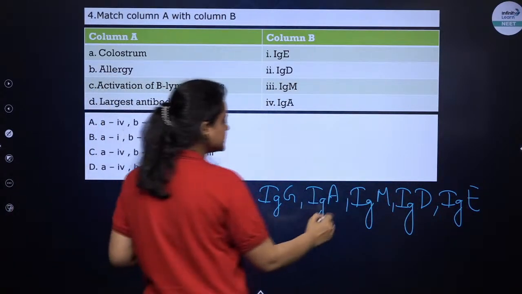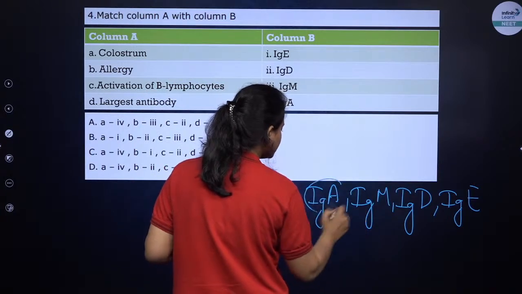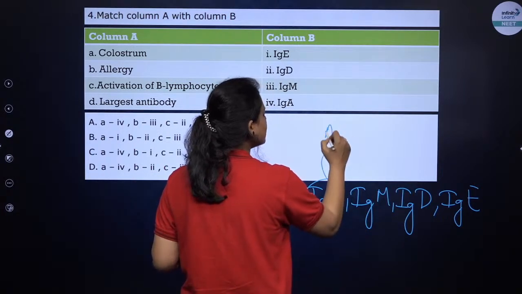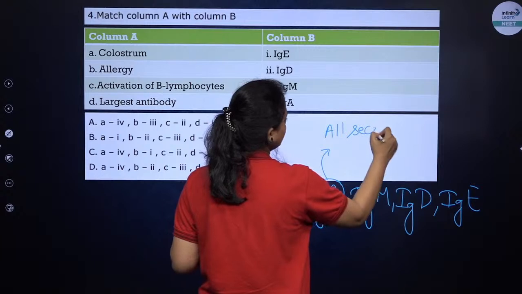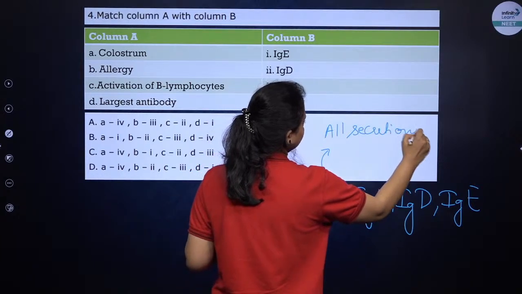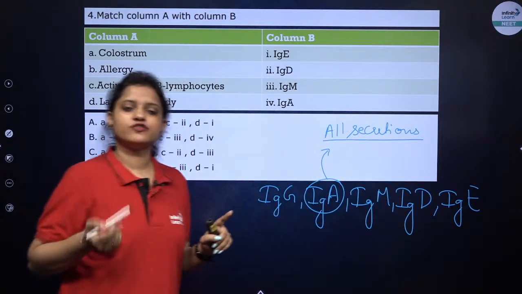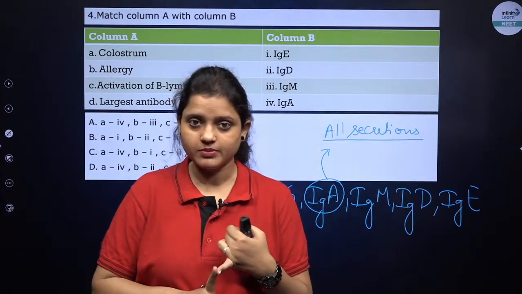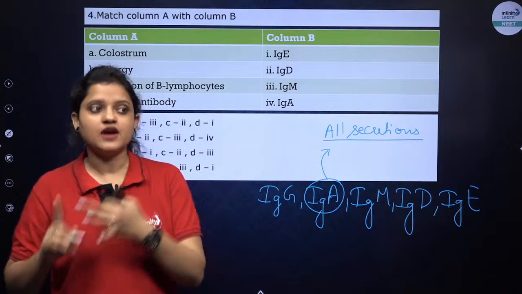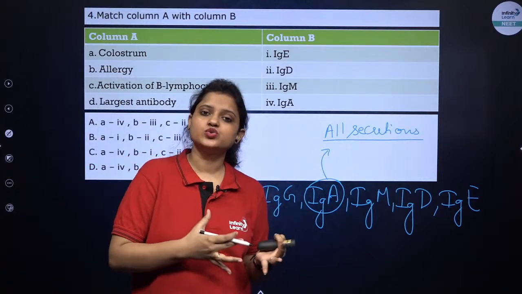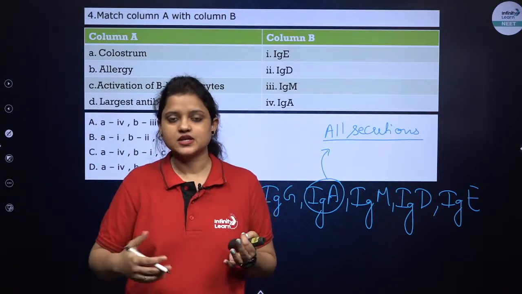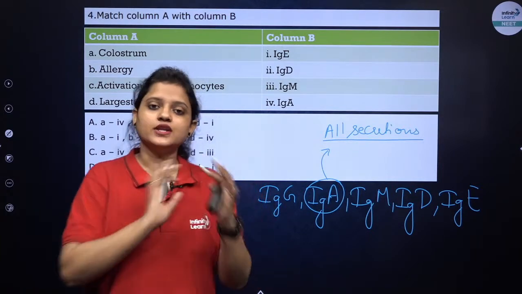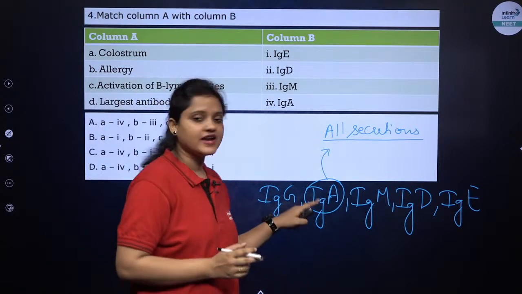Now from this, IgA is present in all secretions of your body. Okay, all secretions of your body will have IgA, whether it is milk or colostrum, whether it is saliva, whether it is gastric juice, whether it is sweat, okay, tears. So in all the secretions of your body, we will have IgA.